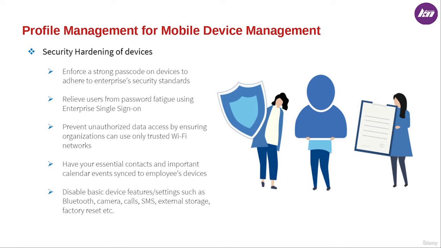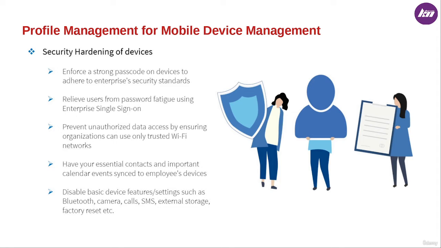I could just enable certain things on the phone if I want to, not enable other Wi-Fi's, just a few of them that I enable. Those things I could control with an MDM. You could essentially have contacts or calendars synchronized with employees, like the Outlook calendar or the email and so on.